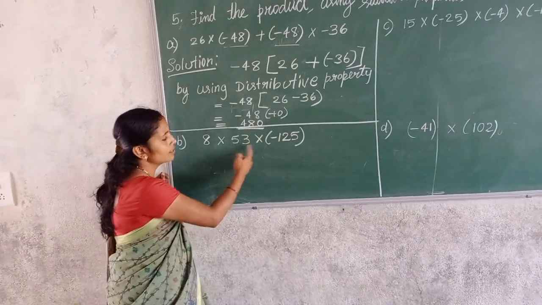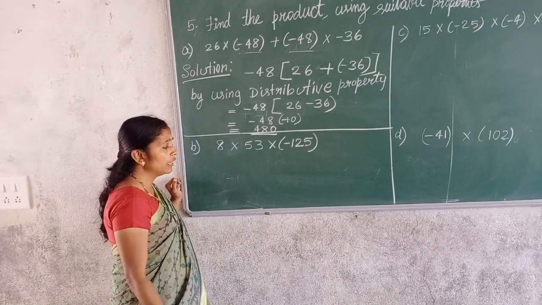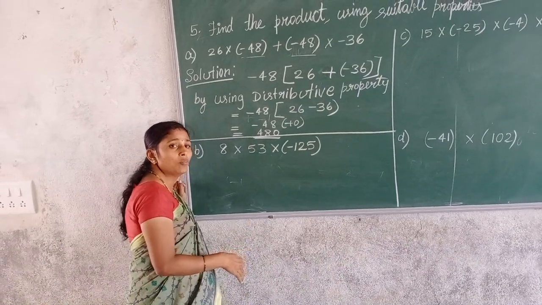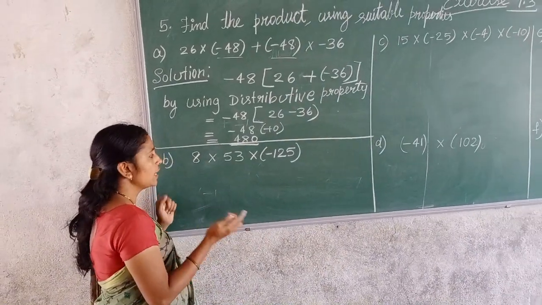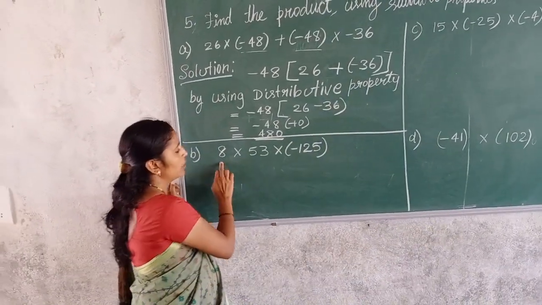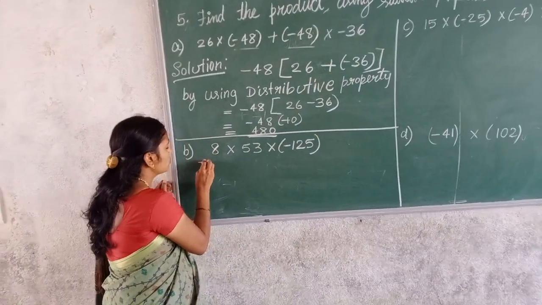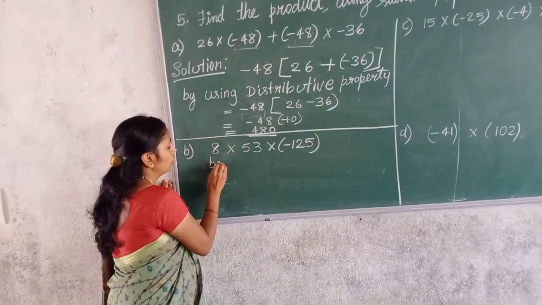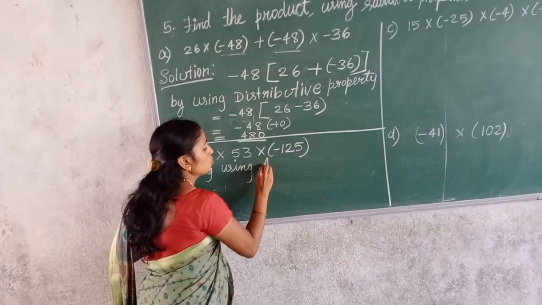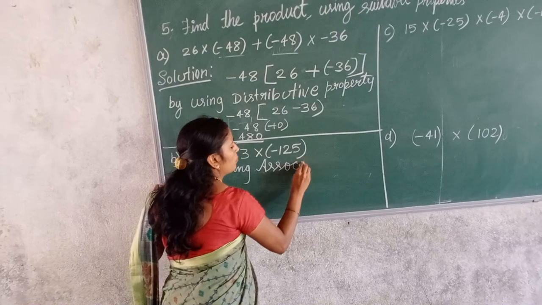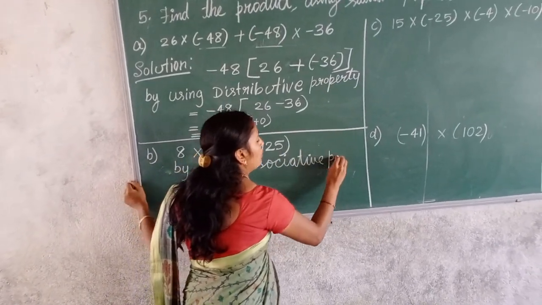Now let us see here. This is just given like this. So which property can you apply? Either you can apply commutative or you can apply associative. As I told you, associative, you can first do 8 into 53. So you first write that by using the associative property.